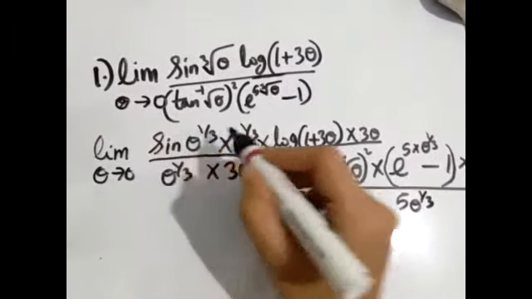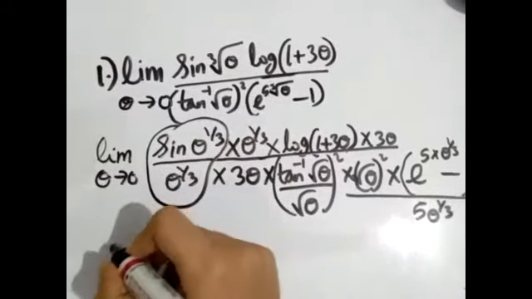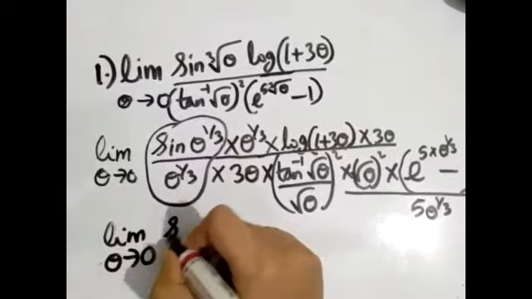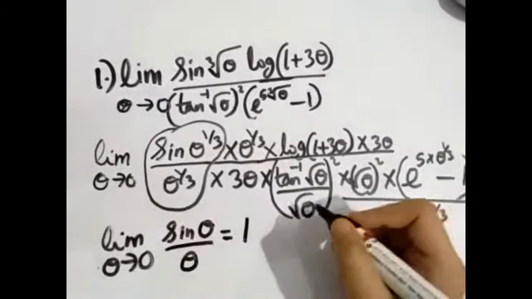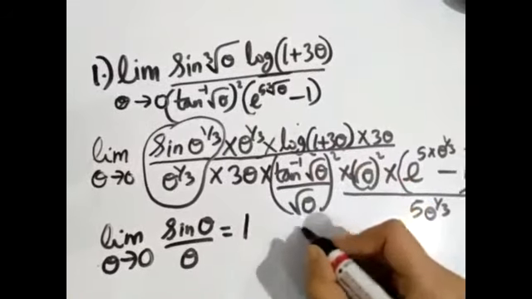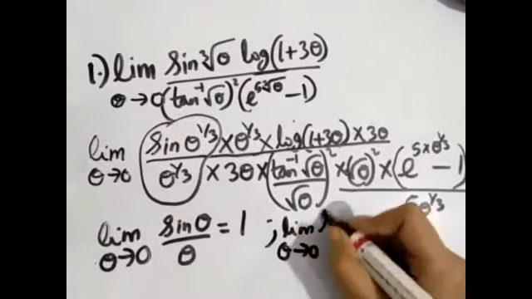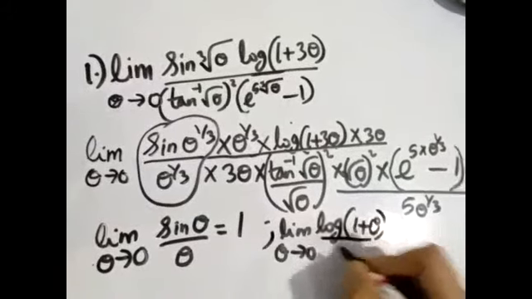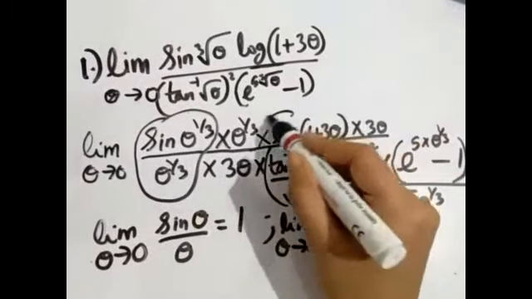So here you can see I have a very important result of limits, that is limit theta tends to 0 sine theta by theta is 1. Similarly, for log, I have limit theta tends to 0 log 1 plus theta by theta is equal to 1. Using that identity over here.